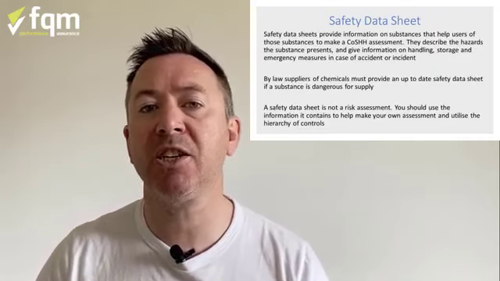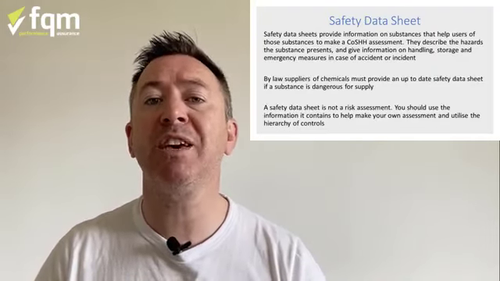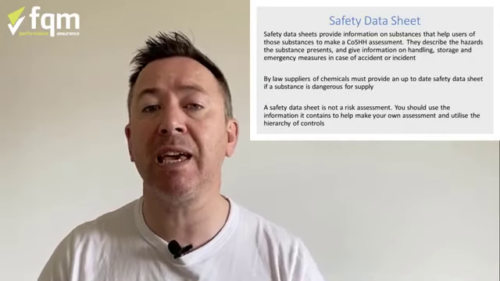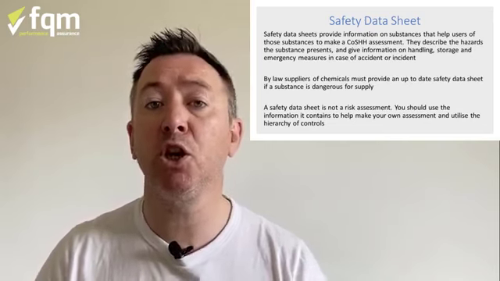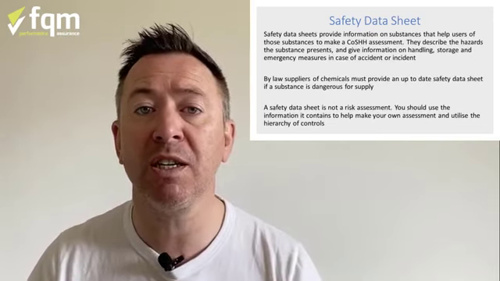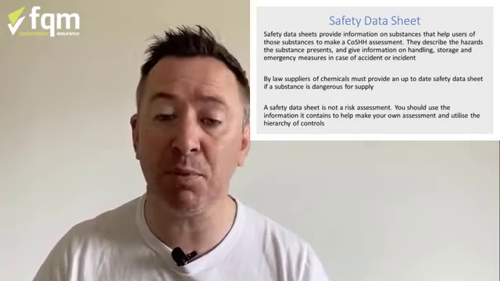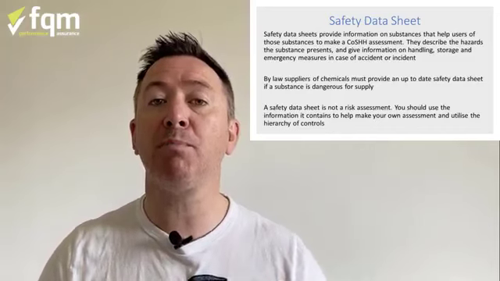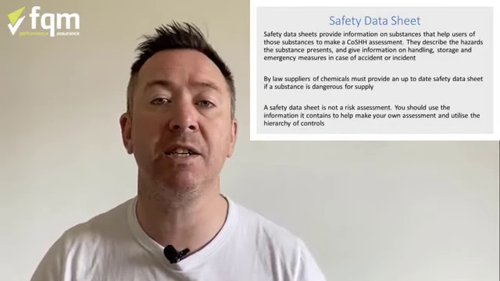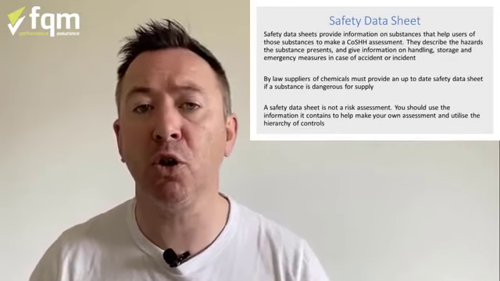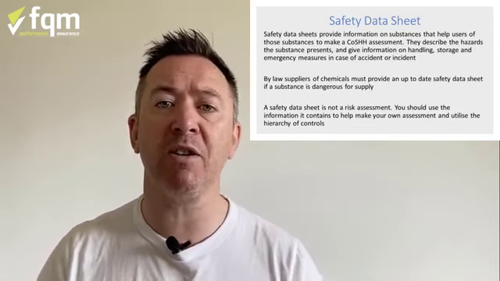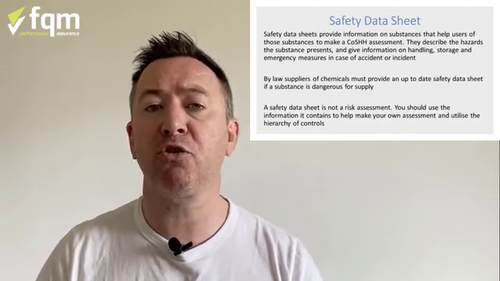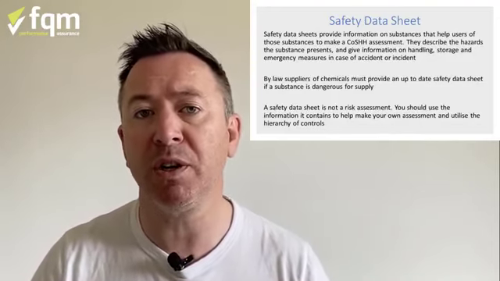The safety data sheet is provided to give you information and educate you so that you can carry out the appropriate assessment using the COSHH methodology, using a COSHH assessment template, so that it's set up and the controls are in place appropriate to your organisation. Not another business, not a copy of a COSHH assessment from somewhere else, but something that's appropriate to exactly your business and the people and controls that you put in place within your organisation.